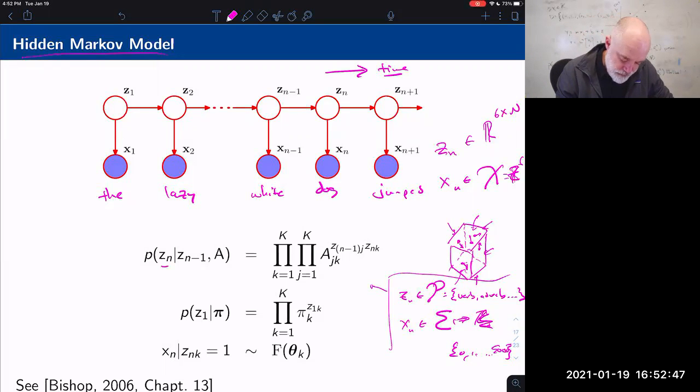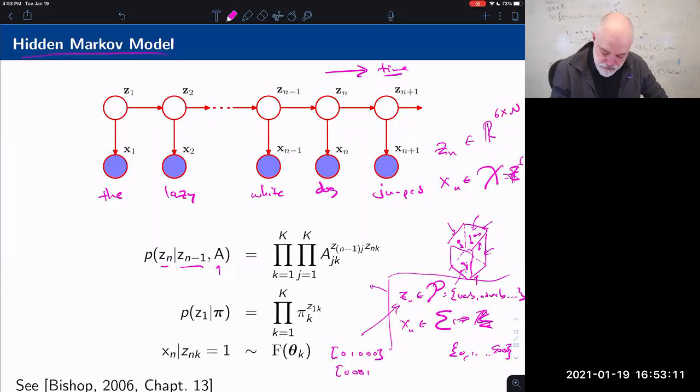So Zn, given Zn minus 1, and some transition matrix A, if you make Z actually not live in 0, 1 vectors, so in other words, if you have 5 parts of speech, you can do a 1-hot encoding, right?